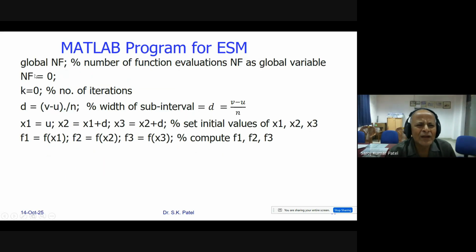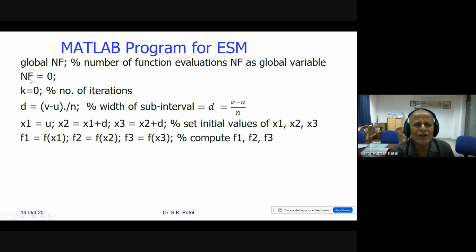Then we define NF as a global variable. In MATLAB, capital letters are used for global variables. There is a main program and there will be a subroutine program. So this global variable will be effective both in the main program as well as in the subroutine program. Usually we use this NF to track how many times the function has been evaluated.